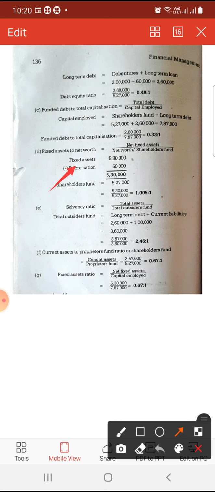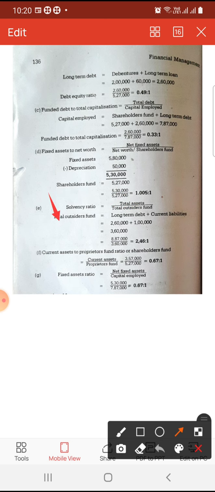You have a fixed assets to net worth. So fixed assets divided by net worth, or another name for net worth is shareholders fund. Fixed assets, total fixed assets minus depreciation, you'll get 5,30,000. Shareholders fund already calculated, so it is 5,27,000. So if you divide, it is 1.005:1.